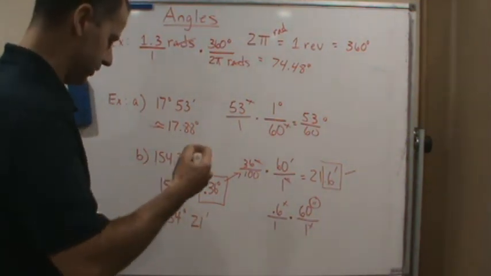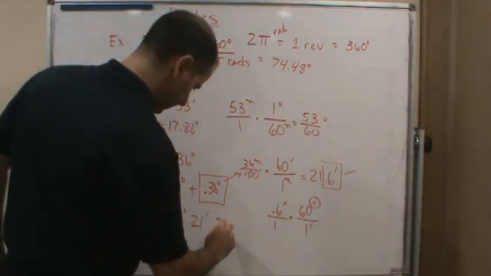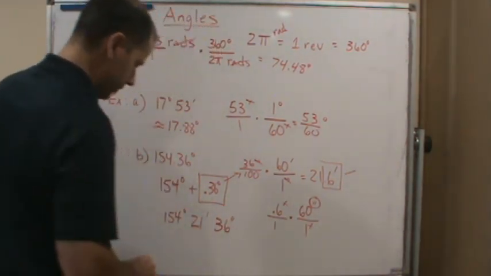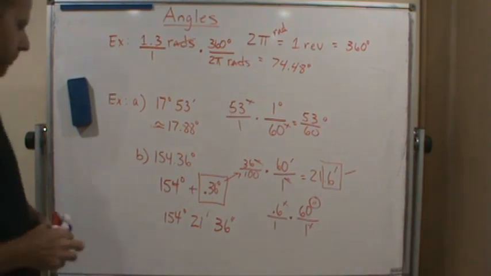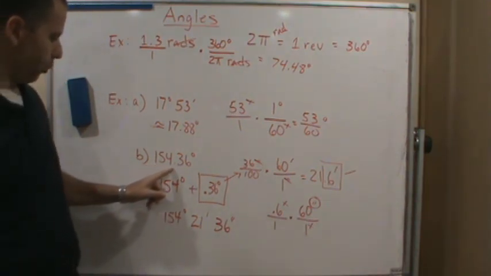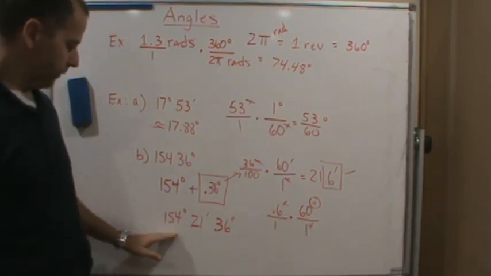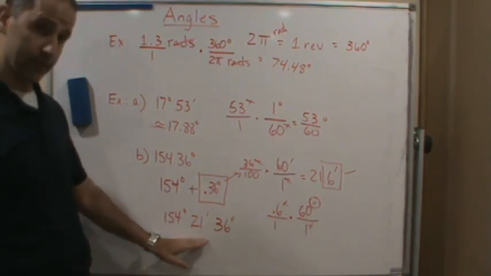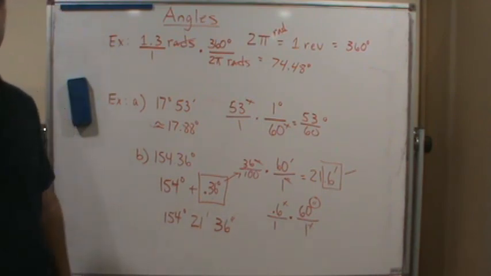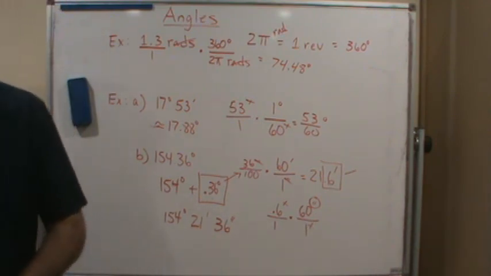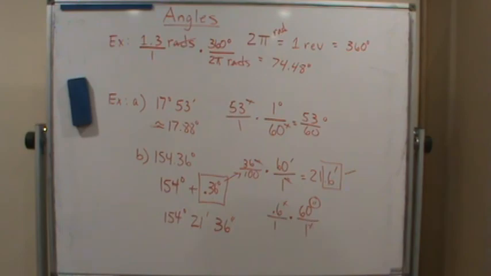So there's my answer: 154.36 degrees is the same as 154 degrees, 21 minutes, 36 seconds. And that's all there is to it. Make sure you practice.